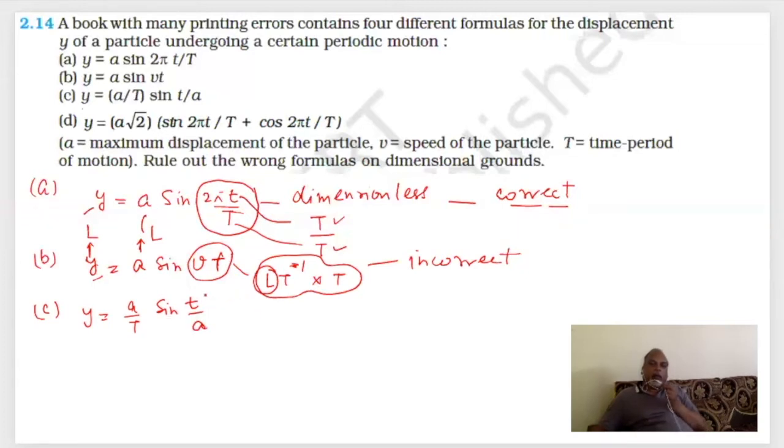So here, let us see first the argument. Again T is there, so T divided by a is what? L. It is the amplitude, that is the maximum displacement of the particle. So again, this argument is not dimensionless. On this basis only we can say this is incorrect.